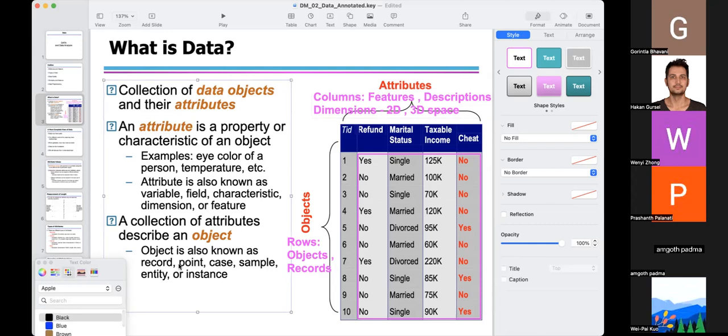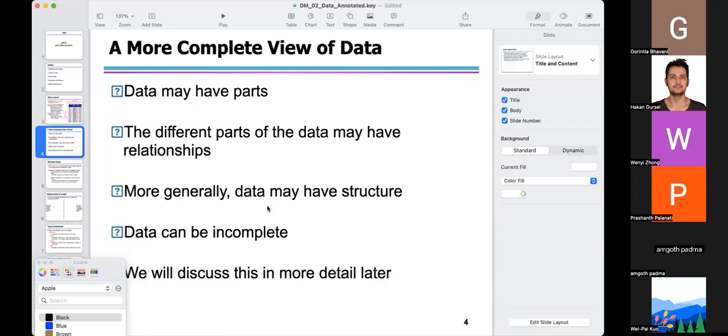That's why they're called points, because they are looking like a point in a coordinate system. They could be called cases, samples, or instances. So as a general term, we call them objects.